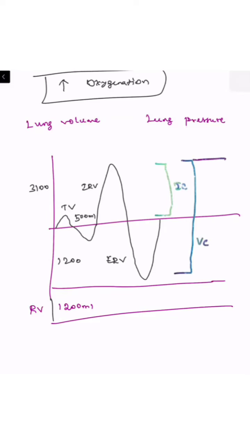If you also add the residual volume to the vital capacity, this is our total lung capacity. The normal inspiratory capacity is around 3600 ml and the vital capacity is around 4800 ml. The total lung capacity is around 6000 ml, nothing but 6 liters.